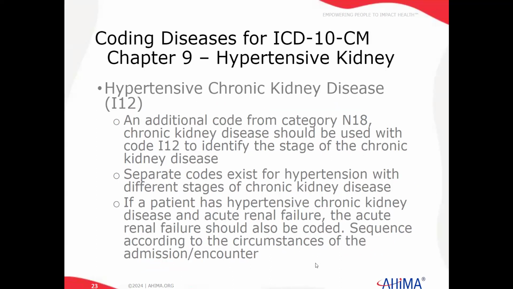With the I12 code for the hypertensive chronic kidney disease, we would also use an additional code, and this is mentioned in the code book, from N18, right? And there are separate codes for each stage of the chronic kidney disease. So it's important to look for the stage so you know what follows after the N18.